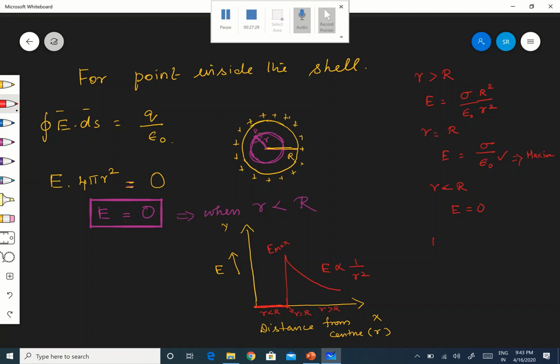Here capital R is the radius of the shell and small r is the distance of the point from the center of the charged shell. I think we are able to understand this. Okay, fine.